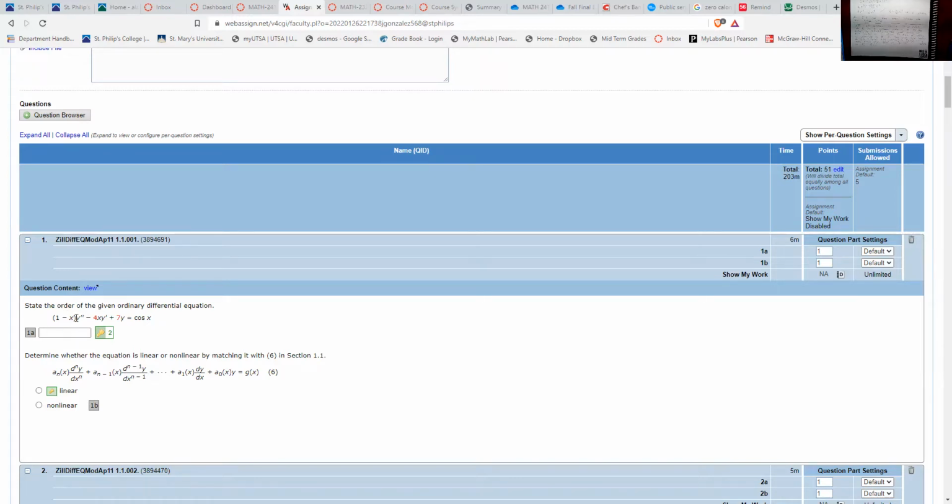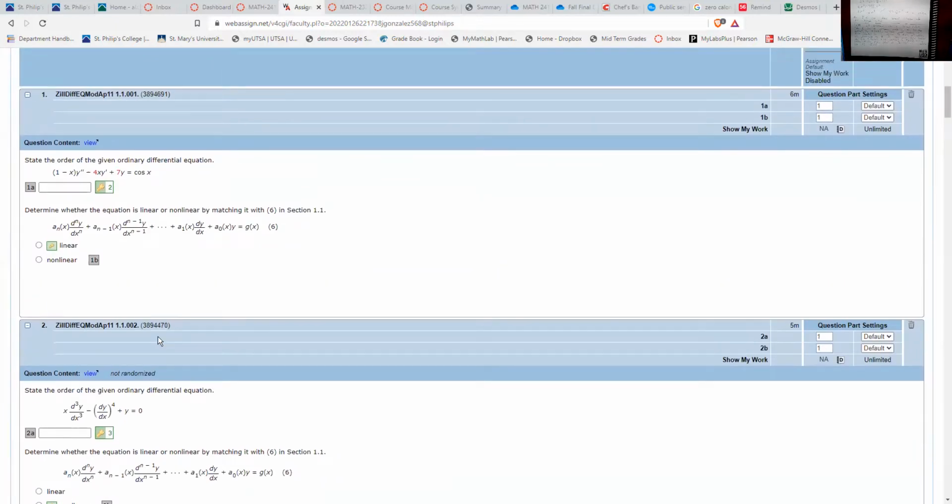There's no weird function. It's not inside of a function. It's just times an x, which is okay. So this doesn't mess it up. Although if you had times a y, that would mess it up. So this one is linear because it just has some numbers and x's, no big deal. If you had a cosine y over here or in there, then yeah, not linear.